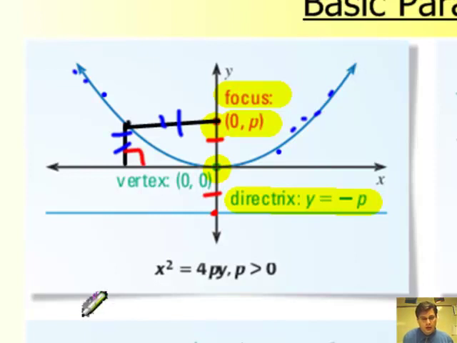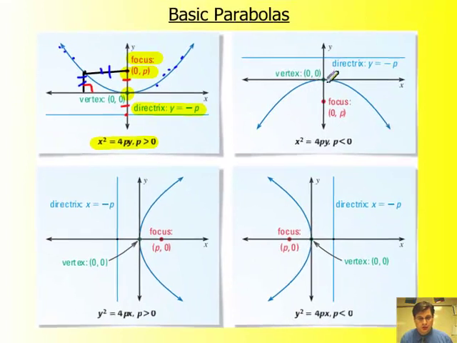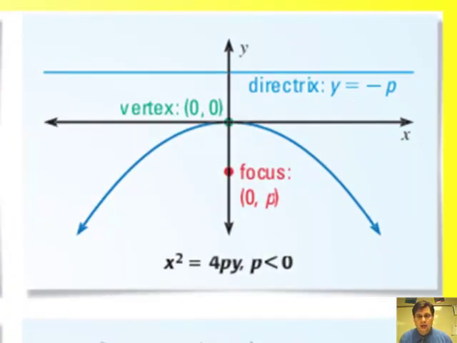We do have an equation here, slightly different than what we're used to seeing. I'm going to go into these in a little more detail, but for this one, it's x squared equals 4py, such that p is greater than 0. Now, we can reflect it down, where the focus is now below, but the directrix is above the parabola.